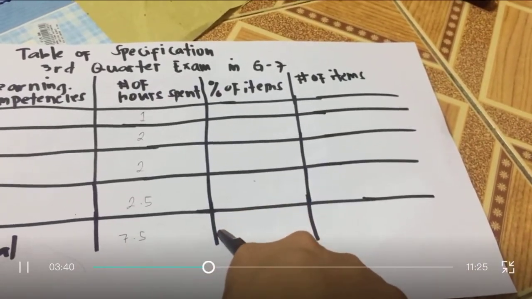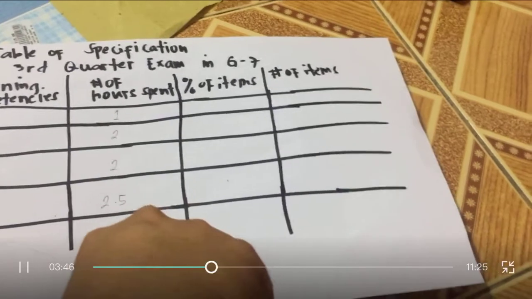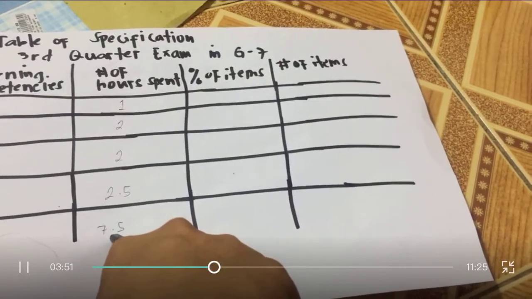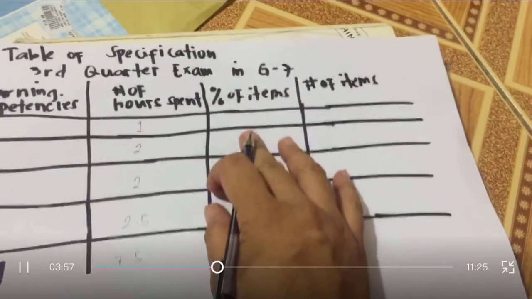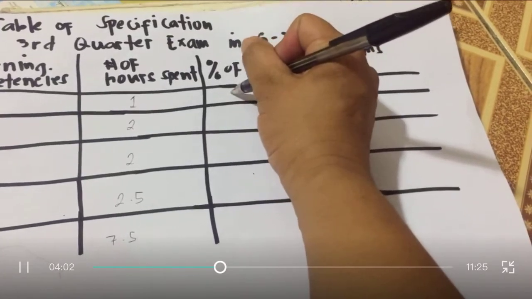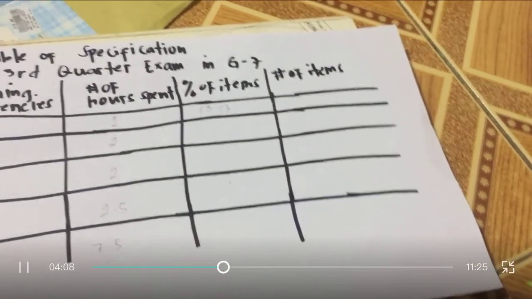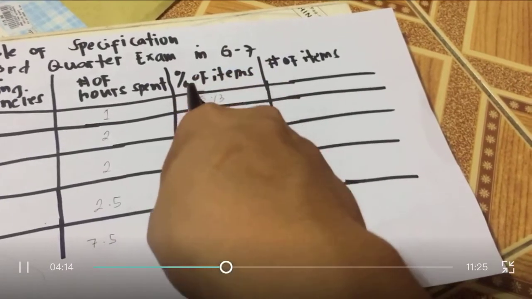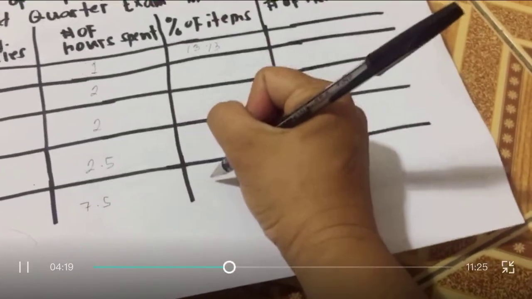So 1 divided by 7.5 times 100 equals 13.33. Because the percent of items is always 100.